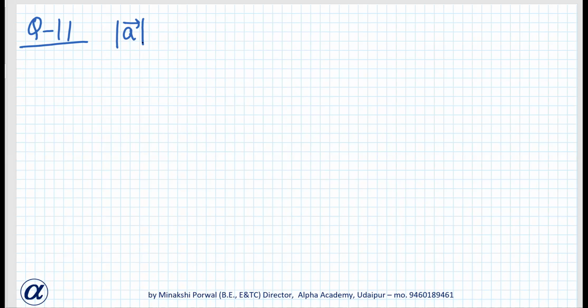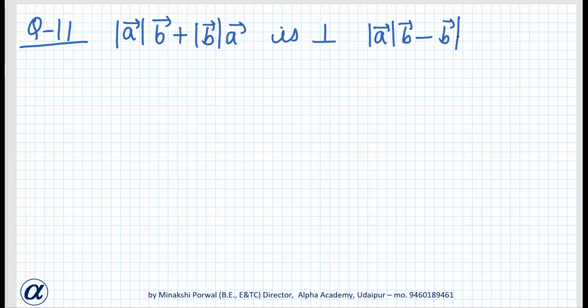Show that magnitude of A into vector B plus magnitude of B into vector A is perpendicular to magnitude of A into B minus magnitude of B into vector A, for any two non-zero vectors A and B. So we have to show that they are perpendicular.